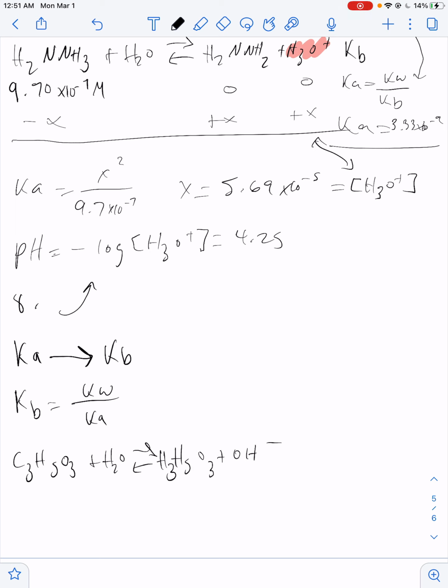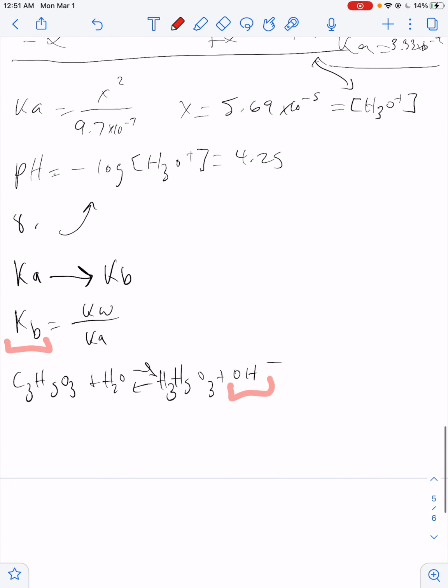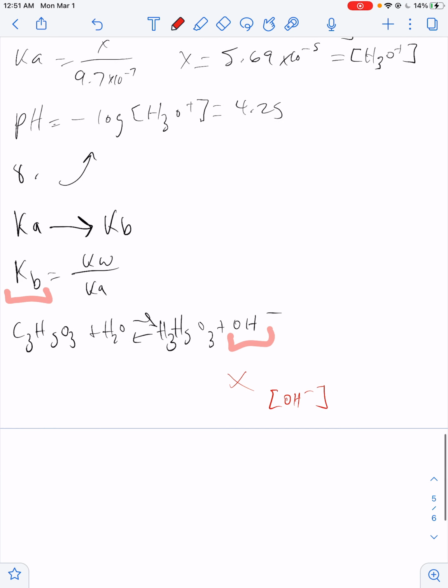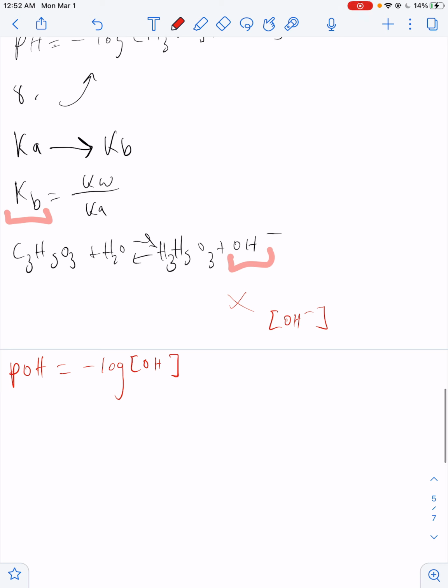As you can see here, we have a basic equation. It has OH-, which is why we need that Kb value, right? And then, since we have that OH-, once you solve for X here, you're going to get the concentration of OH-. That's what X is going to be. And then that'll give you pOH equals negative log of OH-, and then pH equals 14 minus pOH.